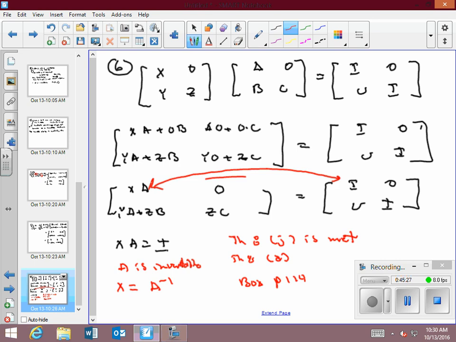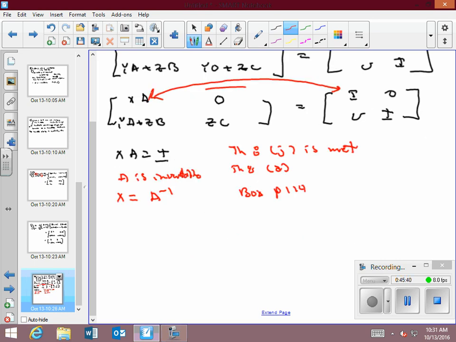And we're supposed to get, what? Find the formulas X, Y, Z in terms of ABC. So then what we can do is X, A invert equals I, A invert.